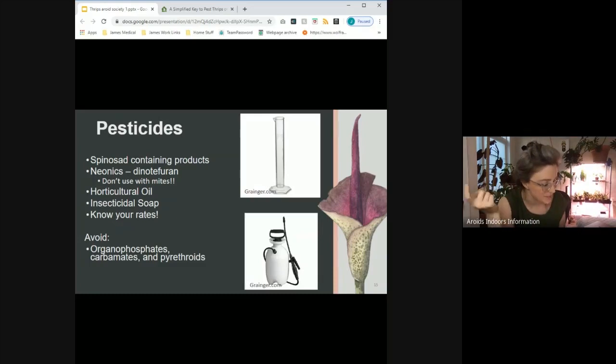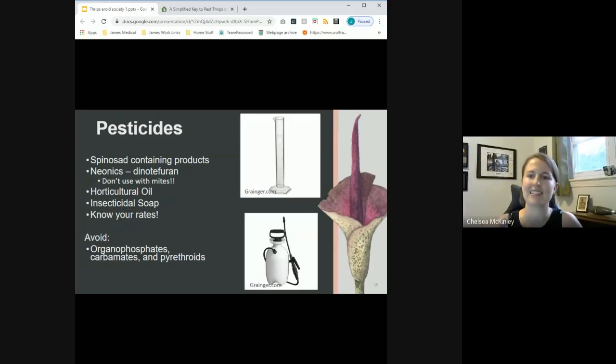On that same note, is imidacloprid Bonide Systemic a neonic? Yes, it is. And neonics, like I mentioned, they work. But if you have children or pets that like to eat your potting soil, I probably wouldn't recommend them because, especially if you're drenching them, they stick around for a long period of time.